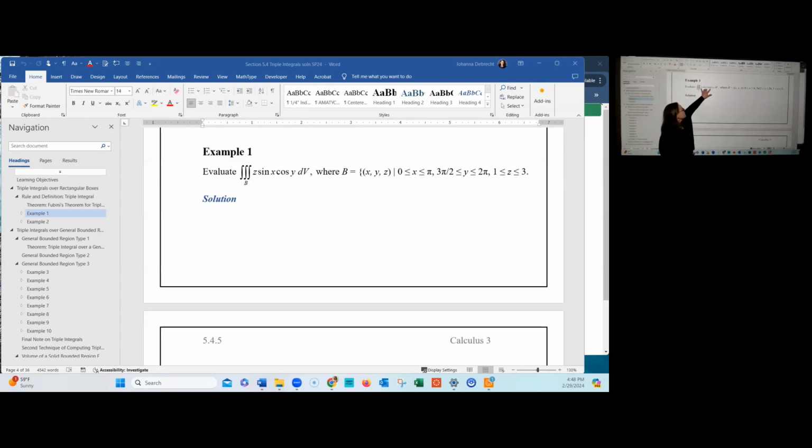When evaluating the integrand, if I integrate z, I'd get 1/2 z squared, which is pretty straightforward, but it does have the fraction 1/2. If I were to integrate with respect to x first, the integral of sine x would give me a negative cosine x. And the negative, while not difficult, can cause careless mistakes.